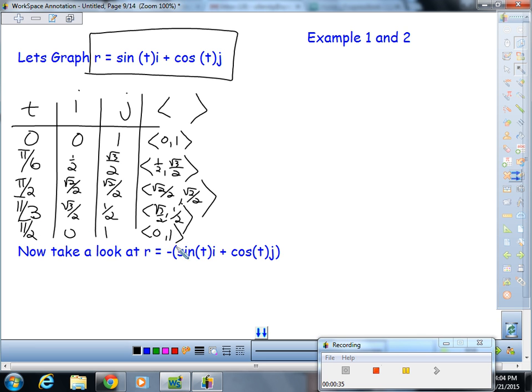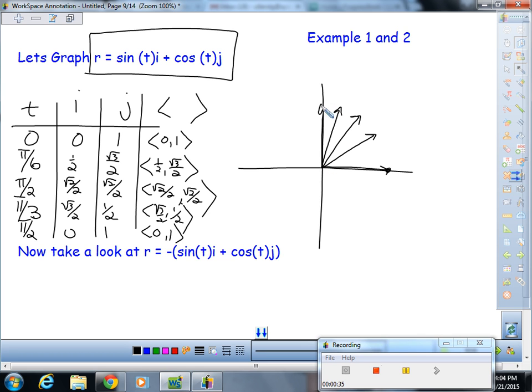Okay, so look, you can see that as our t goes from 0 to pi over 2, our vector-valued function starts here with this vector, and then it moves on to this vector, and then that one, and then that one.